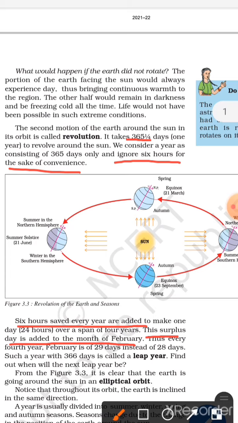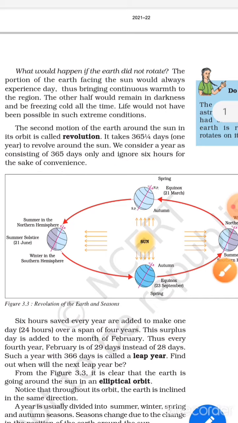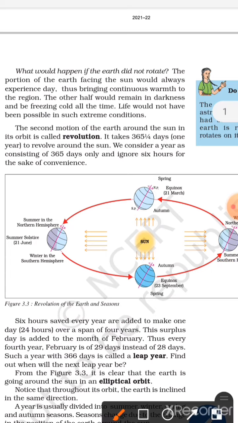Why does February have 29 days? After every 4th year we count that surplus day and add that day into the February month, and that year, instead of 28 days, February month has 29 days, and such a year has 366 days.